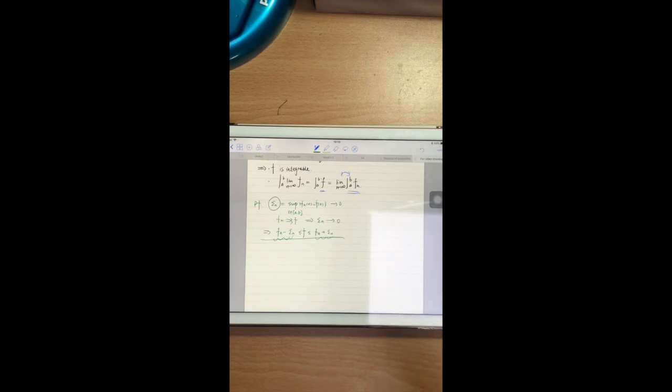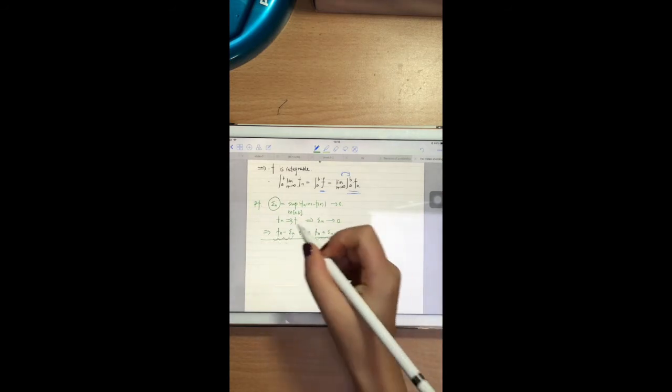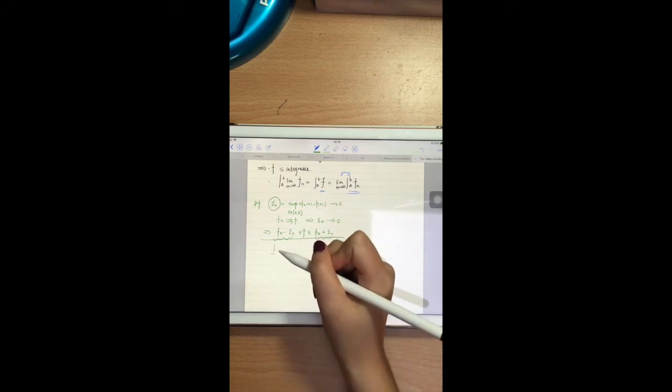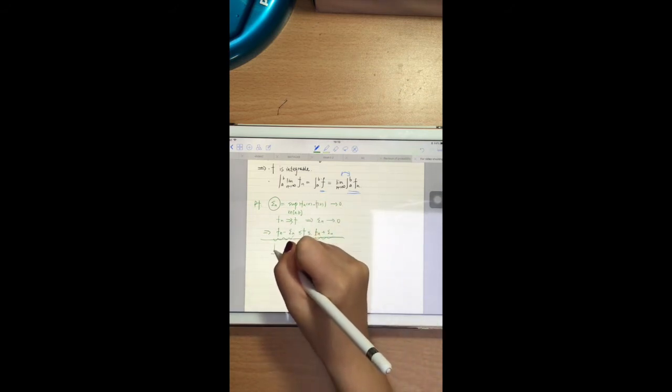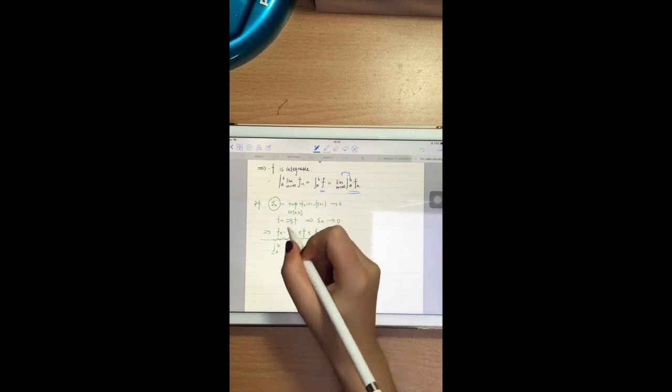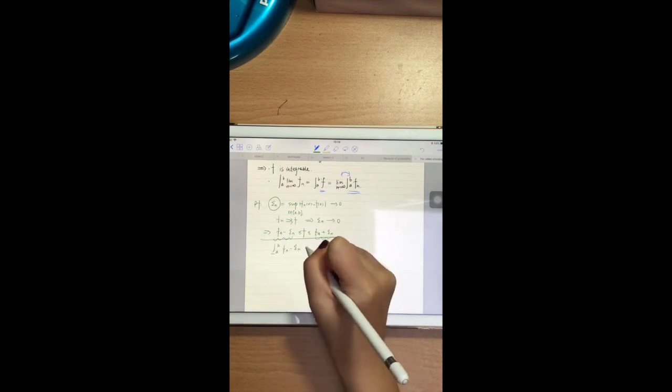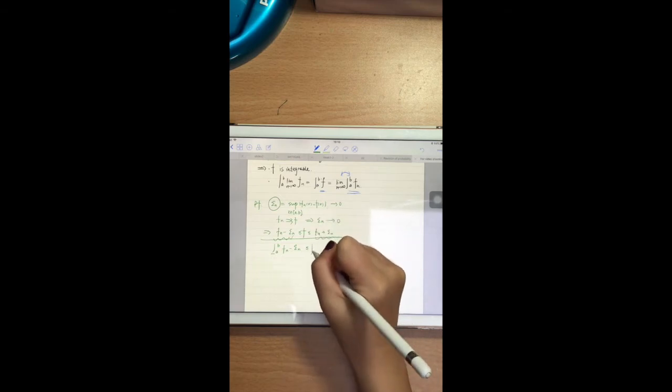Maybe later I will upload something, but for now I assume you already know what the upper sum and lower sum are. So we take the lower sum of the left-hand side from a to b, then we get an inequality like this.